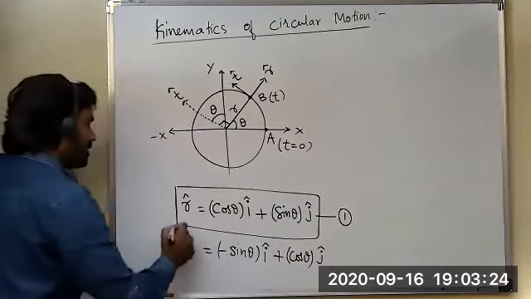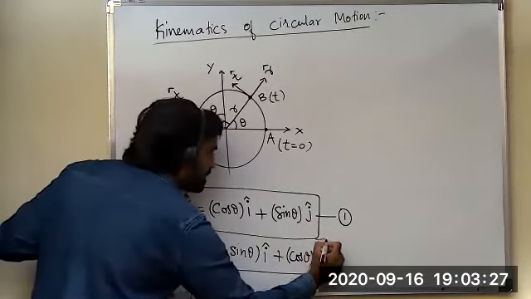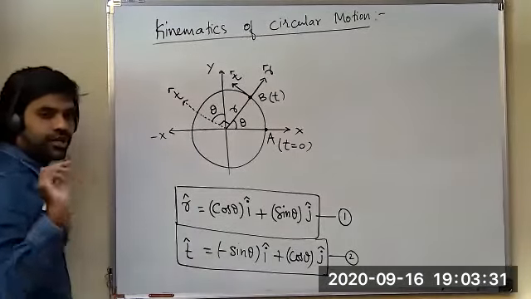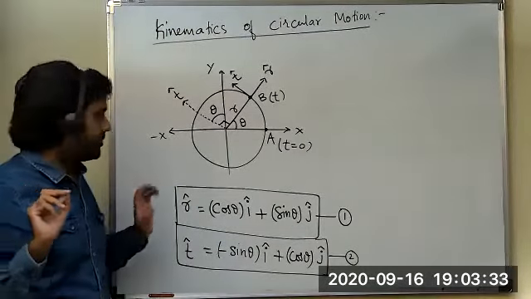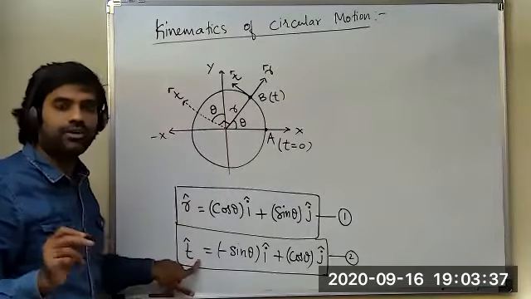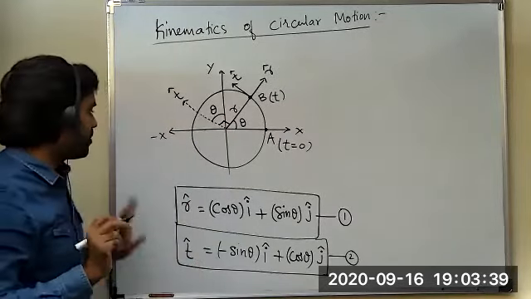Okay, I have just taken the unit vectors along the radius as well as tangent. Okay students, this is a unit vector along the radius of this circular motion. This is a unit vector along the tangent of this circular motion.